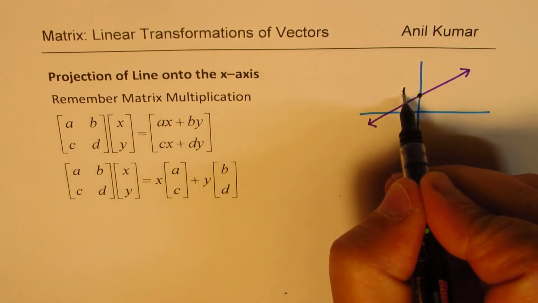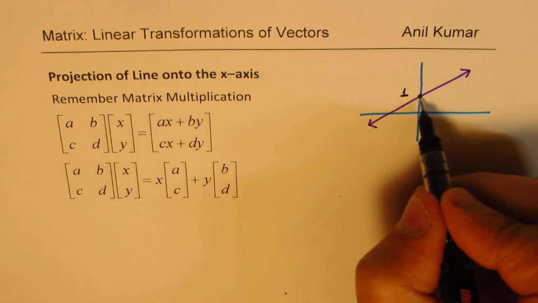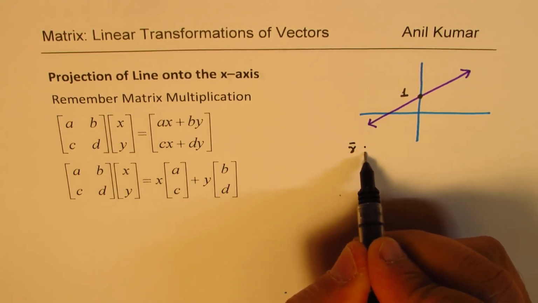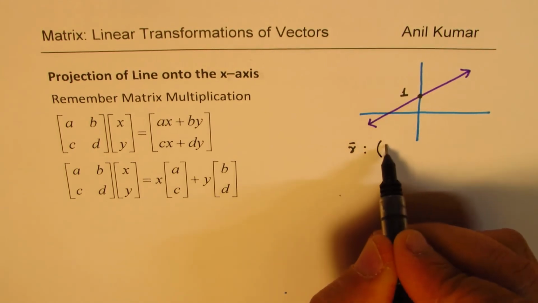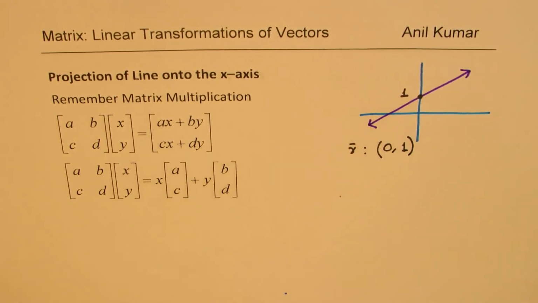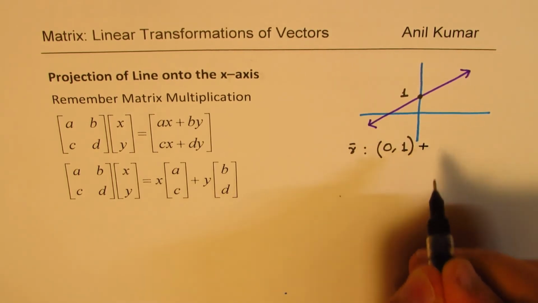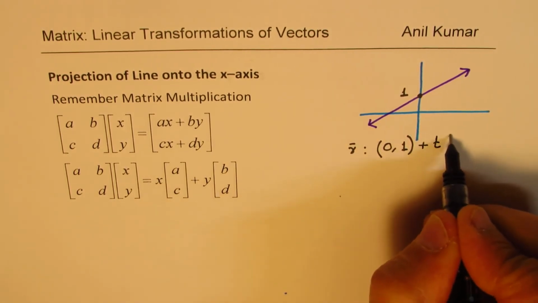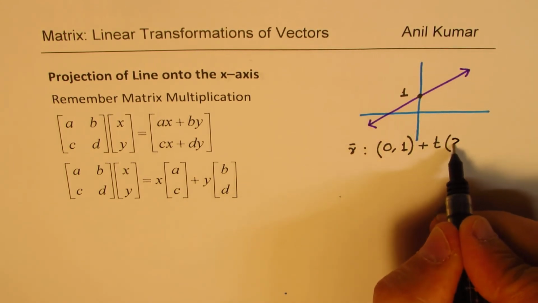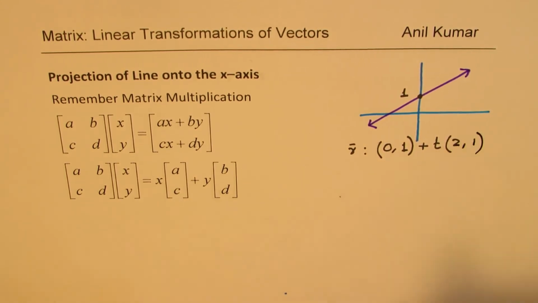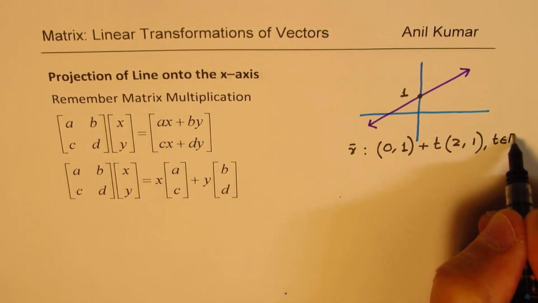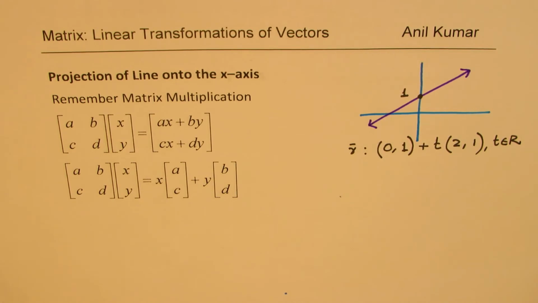Let's say this is just point 1, and we could describe this line R in the vector form. We'll describe this as 0, 1, that is one of our points, the y-intercept, plus t times 2, 1, where t belongs to the real numbers. So that is the equation of our line.